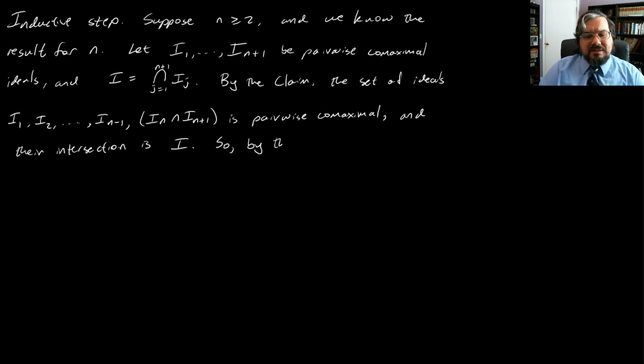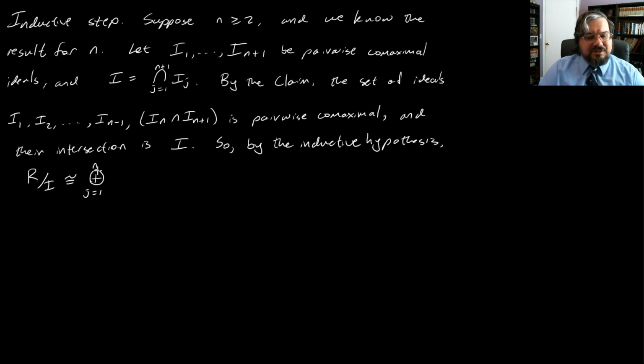So, by the inductive hypothesis, we have that R mod I is isomorphic to the direct product of R mod all these ideals in this new set, which I'm going to split up a little bit.